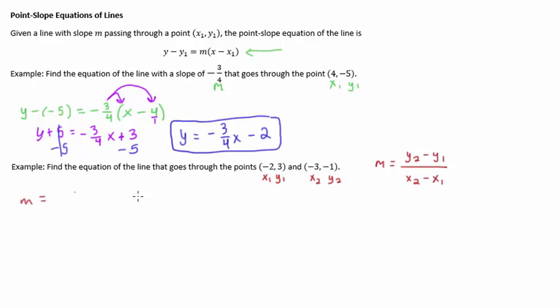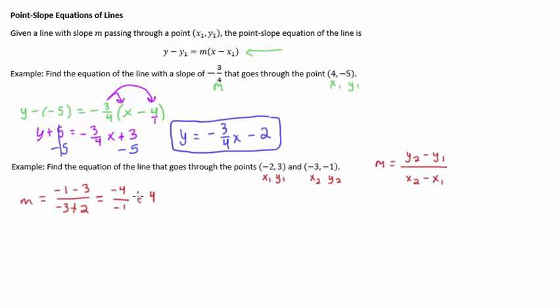So my slope is -1 minus 3 over -3 minus a -2. So I'm just going to put plus 2. So on top I get -4. On bottom I get -1, which means that this is +4 for our slope.